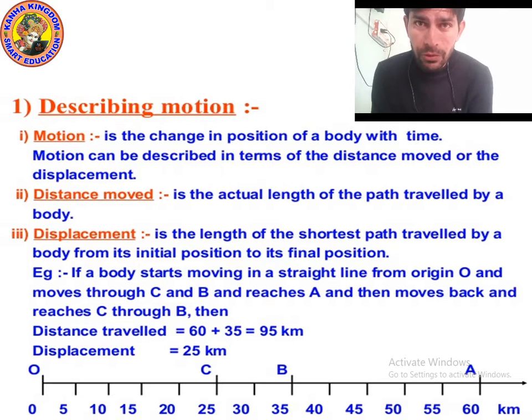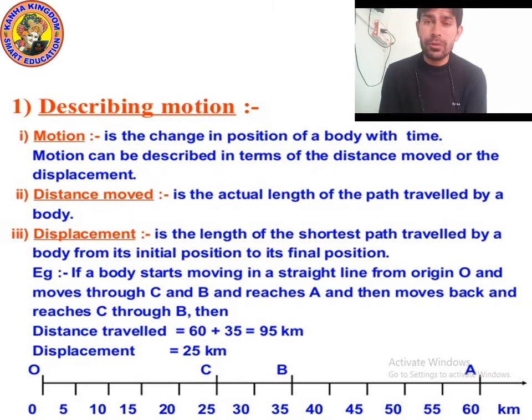First of all, you start walking from point O. You went O to A. Am I right? And then you walk from A to come to point C. So what is the distance? O to A distance is 60 kilometers.